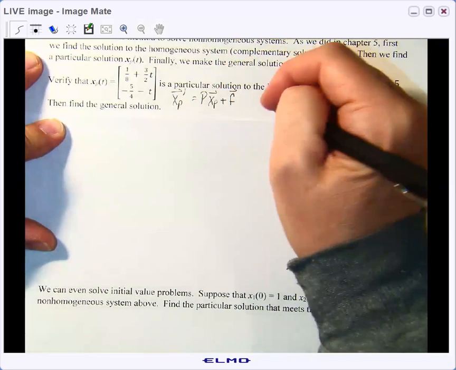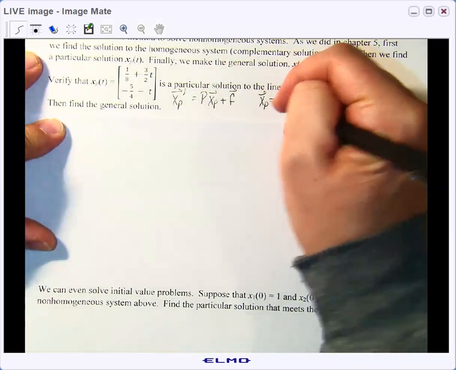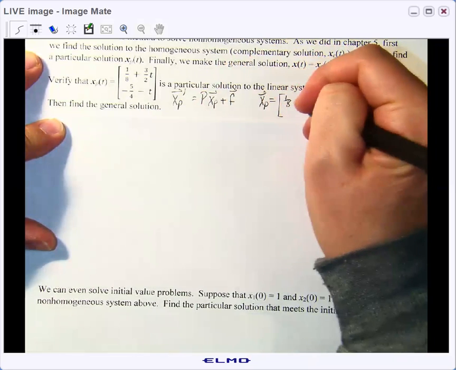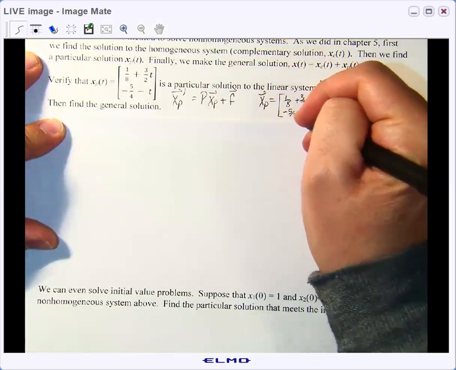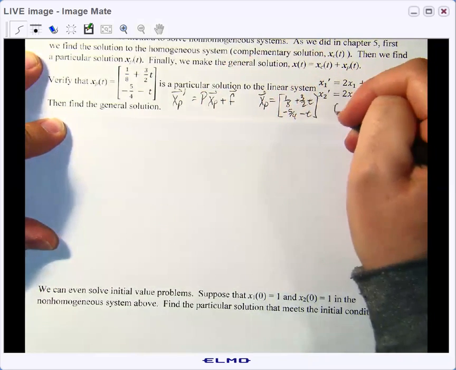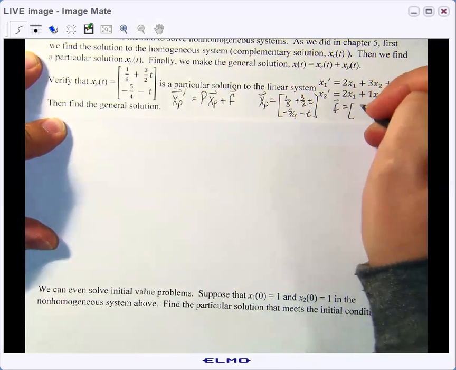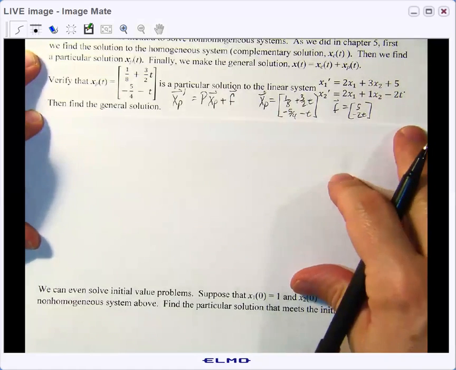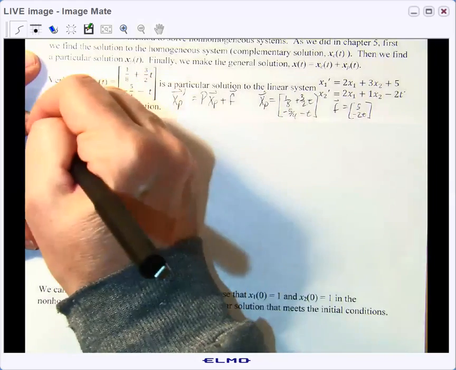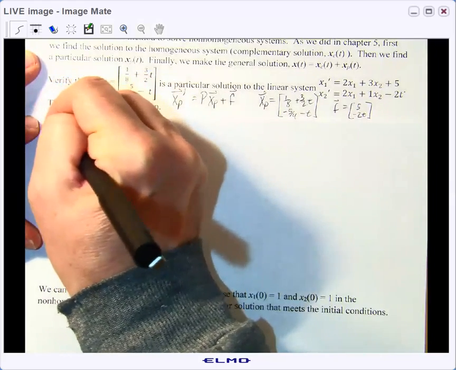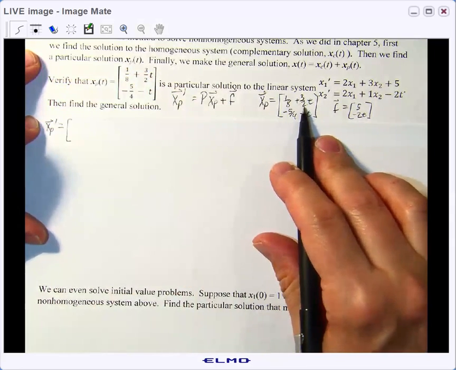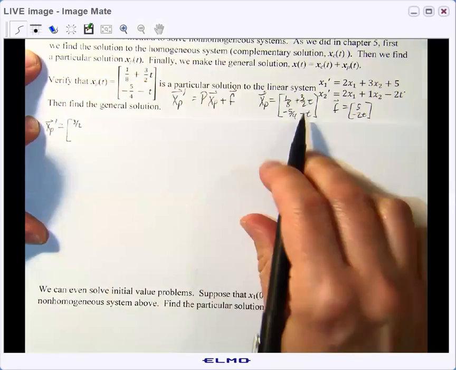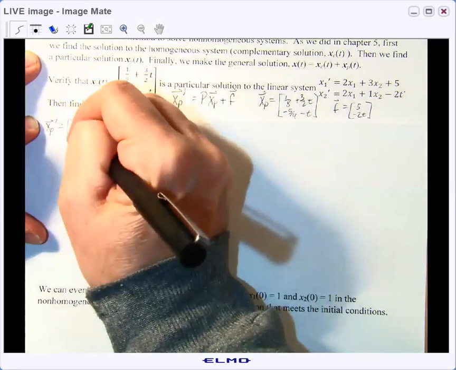Again, x p vector is 1/8 plus 3/2 t, and in the second component, -5/4 minus t, and f vector is 5 minus 2t. If this is x sub p vector, then x sub p vector prime is, taking the derivative with respect to t, 3/2 and -1.